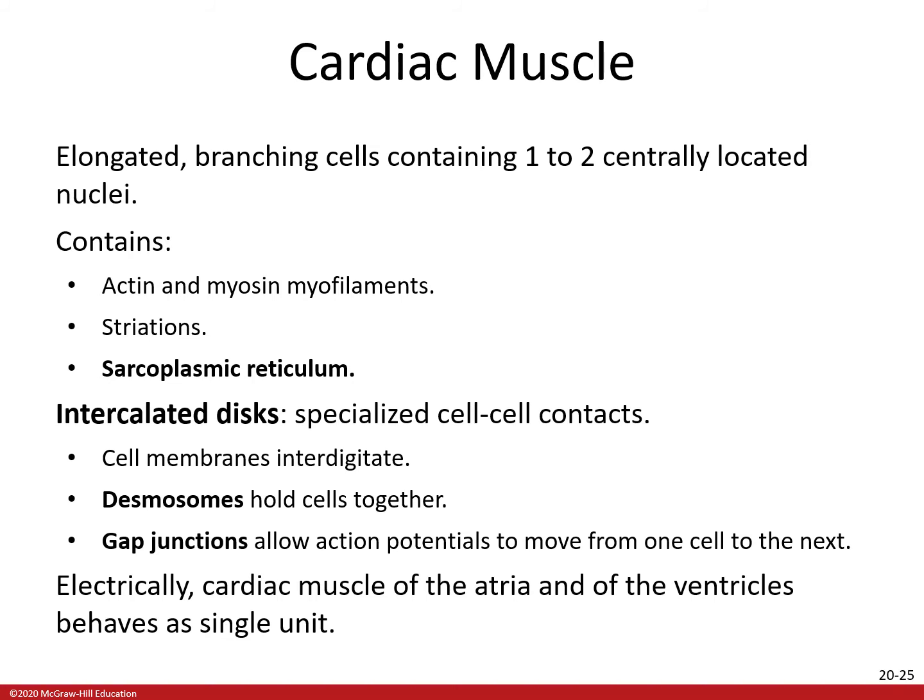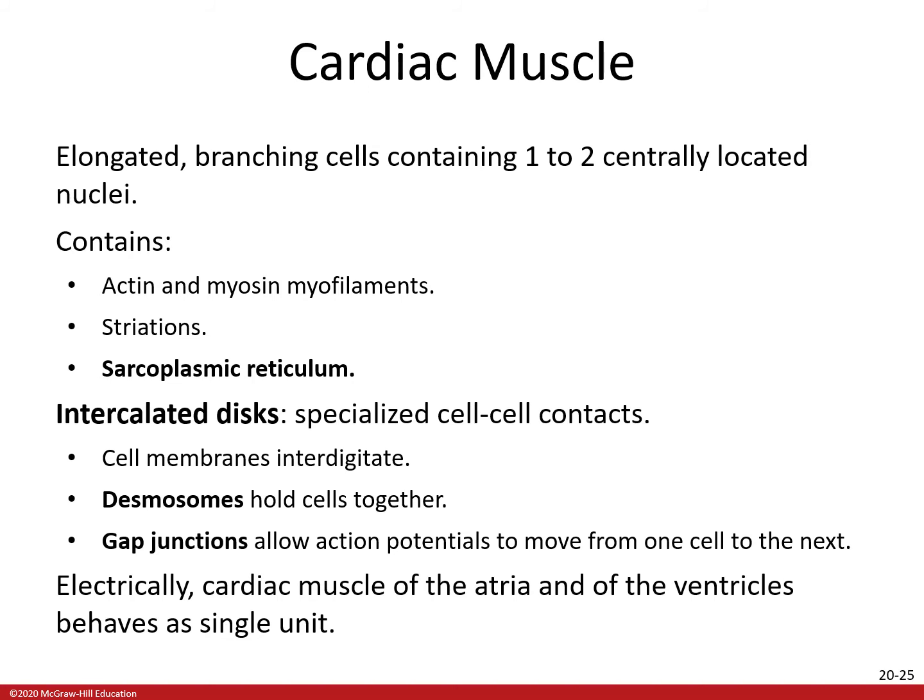It is going to be branching, and the cells are going to contain 1 to 2 centrally located nuclei, so they are multinucleated. It is going to contain actin and myosin myofilaments, so just like skeletal muscle tissue, as well as striations and a sarcoplasmic reticulum.